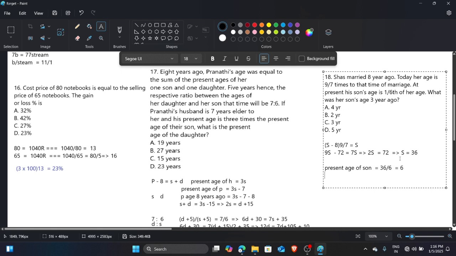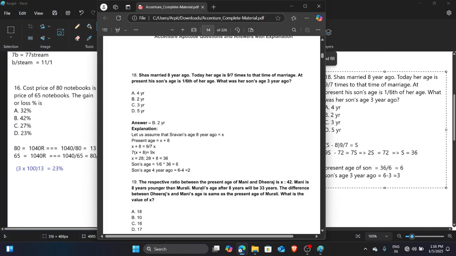So the son's age 3 years ago is 6 minus 3, so it is 3, and the answer is C. Okay, the answer is C. What was the son's age 3 years ago?